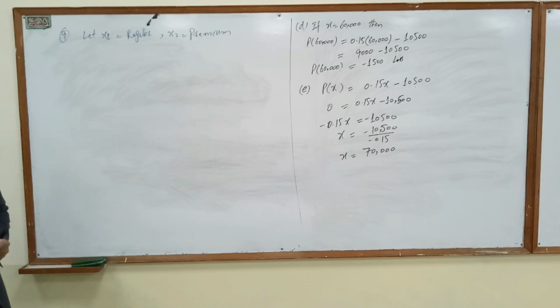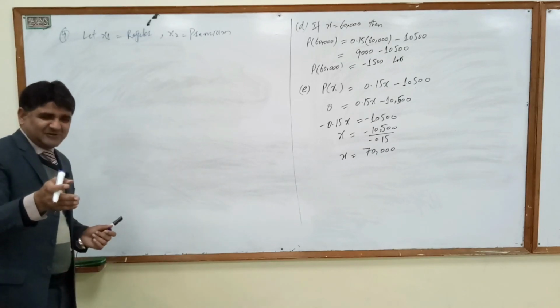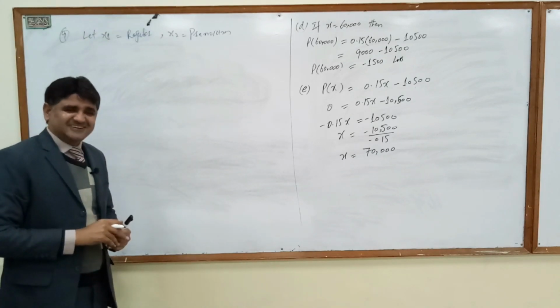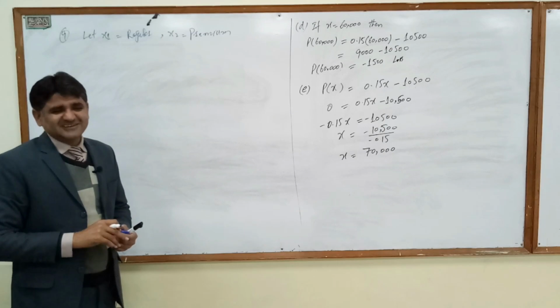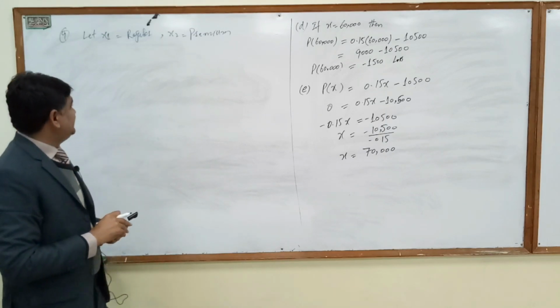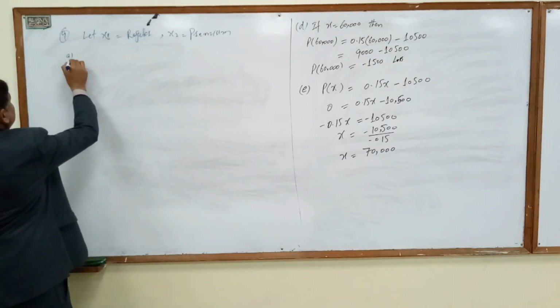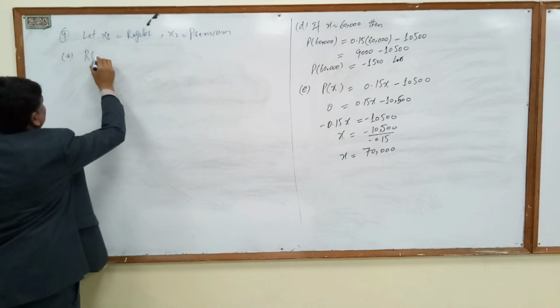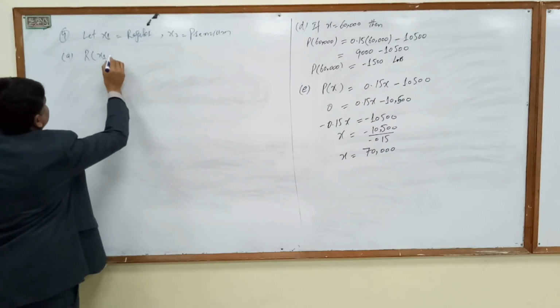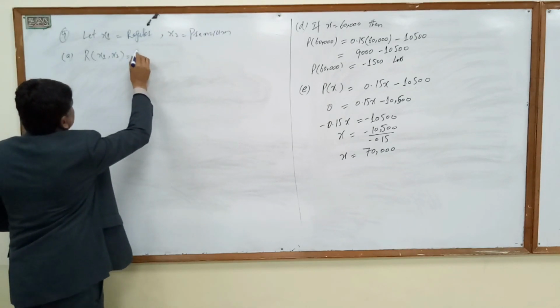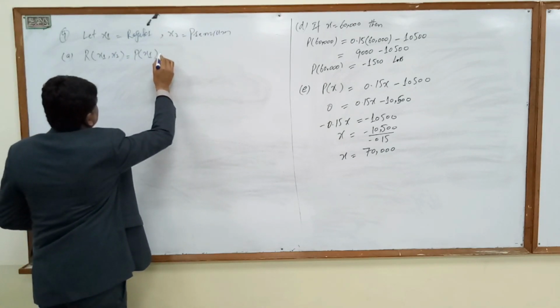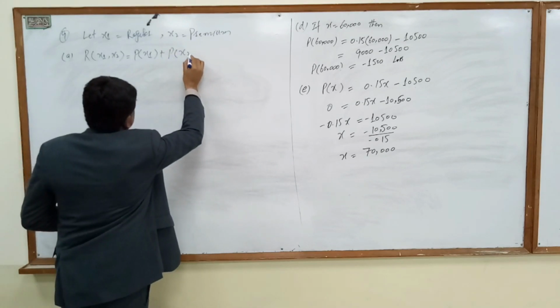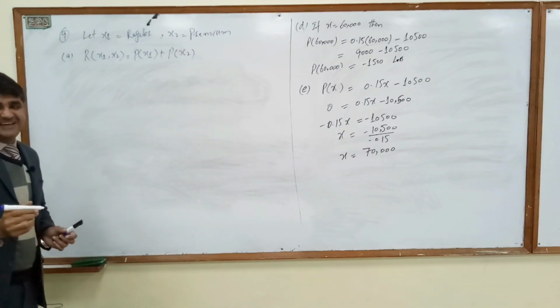How can we formulate the revenue function? Price of X1 plus price of X2. So part A, revenue of X1 and X2 is equal to price of X1 plus price of X2.